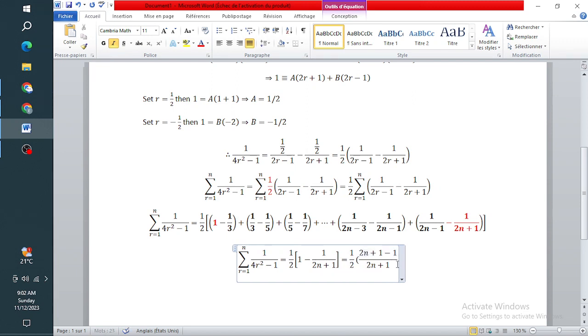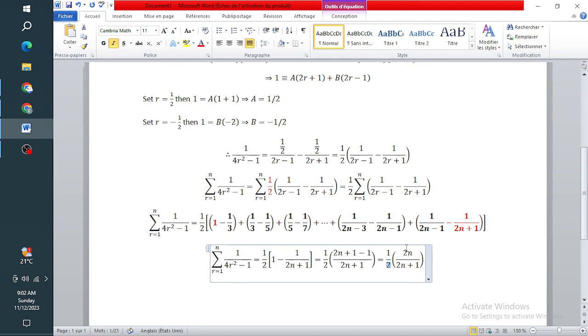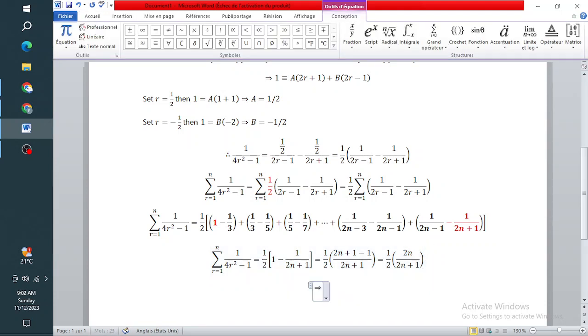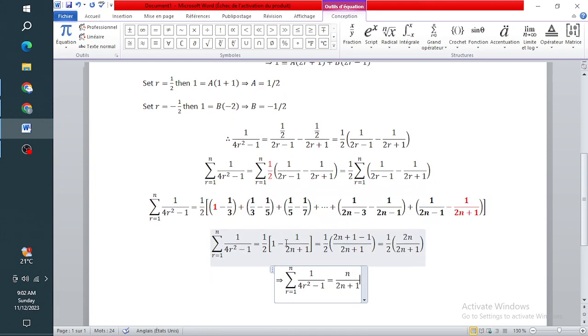If you look for the LCM and write it as a single fraction, you have half into 2n divided by 2n plus 1. So the 2 in the denominator can cancel with this 2, and at the end of the day, we can conclude that this sum is equal to n divided by 2n plus 1. Okay, so that is the value of the sum.